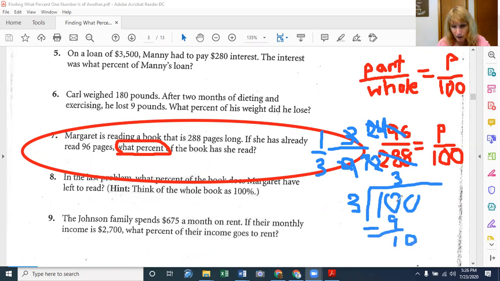We get 10 again, so it's another 3. And then I'd get 9 and have a remainder of 1. So it would be 33 and 1/3%. Let's write that over here. 33 and 1/3%. There we go. Okay, I think you get the idea on how to do those kinds of problems.